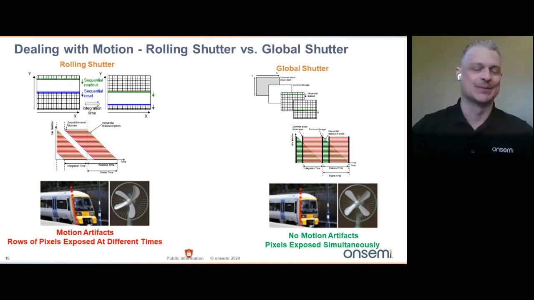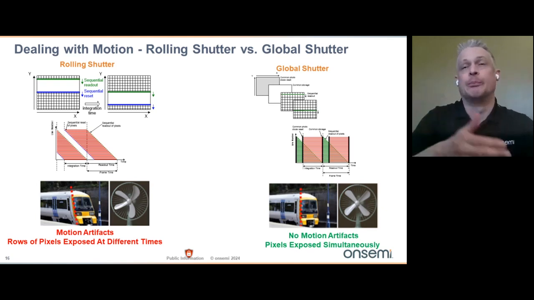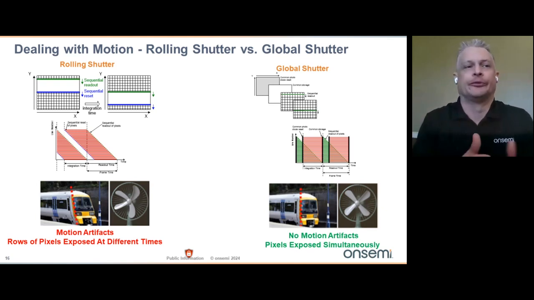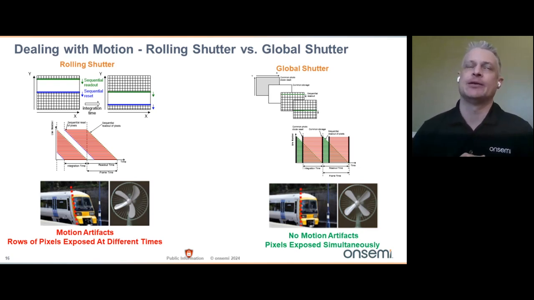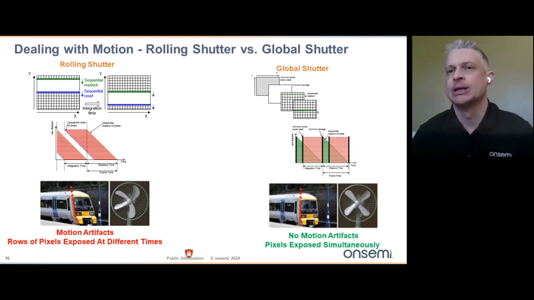The drawback is that the storage element sits next to the pixel, so you're effectively taking a little bit of space away from the pixel. And secondly, if you want really small pixels, you may just not be able to do it because of size constraints.